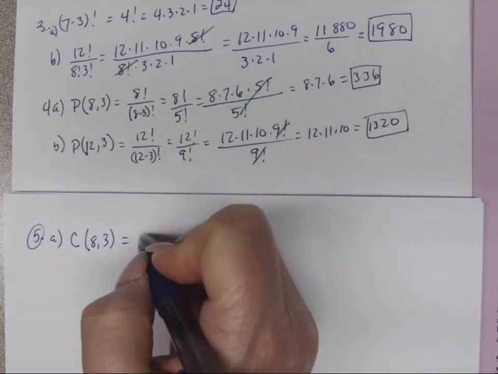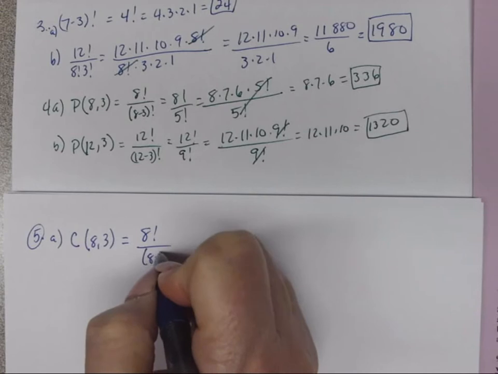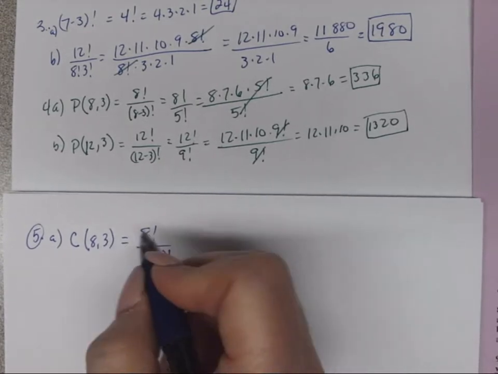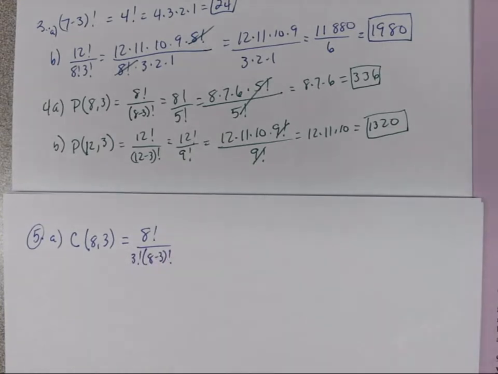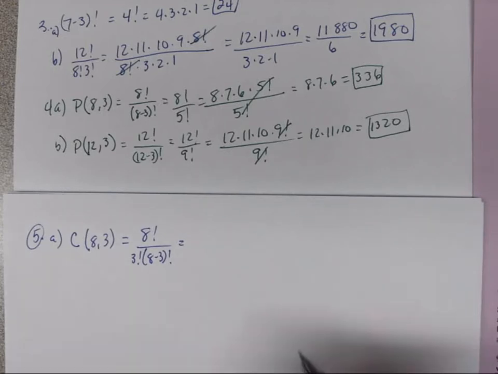So the difference is we still have the 8 factorial on the top, and we still have the 8 minus 3 factorial on the bottom. The difference is we have an r factorial right here, so it'll be 3 factorial. So it's the same setup as part A up here, but we have this 3 factorial. Because we have to account for the fact that they're not as picky, they're more casual about it, we end up with that 3 factorial to reduce it down.